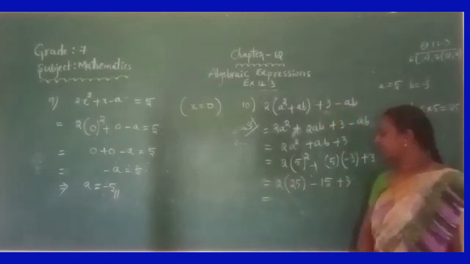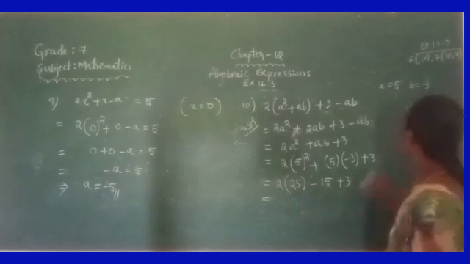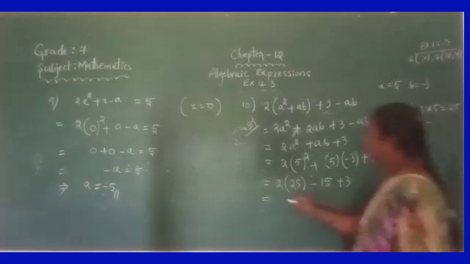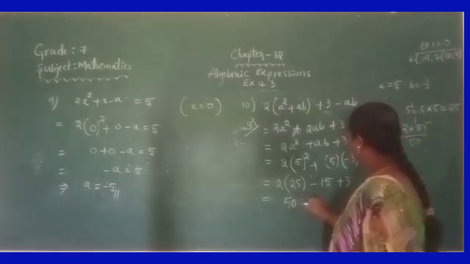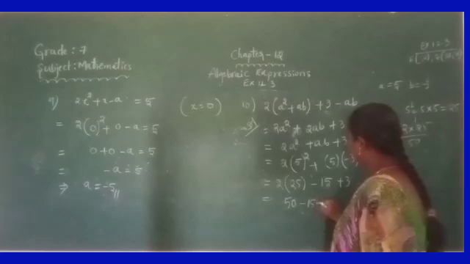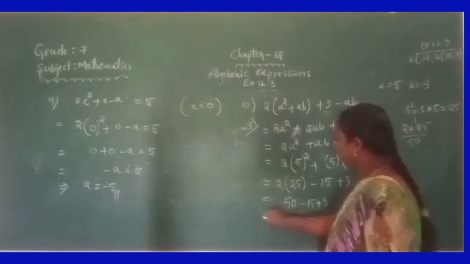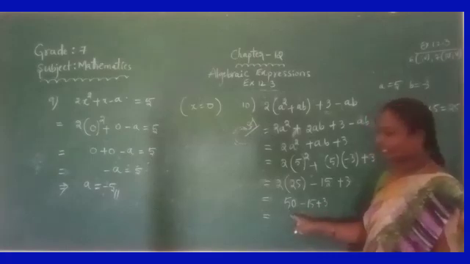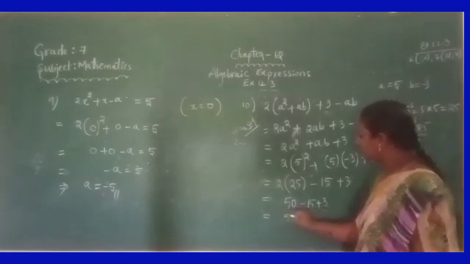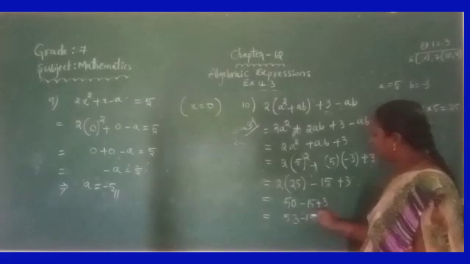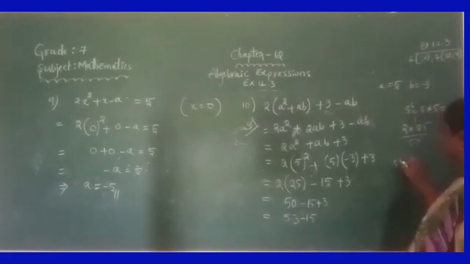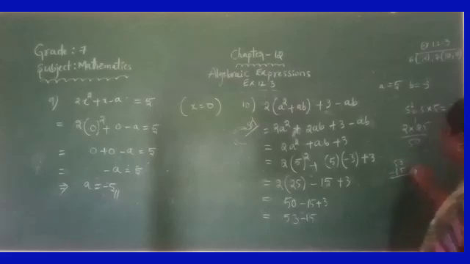So multiply 25 by 2, that is 2 into 25. 2 fives are 10, 2 twos are 4, plus 1, that is 50. So 50 plus 3. Here the positive values are 50 plus 3, that is 53, minus 15. 53 minus 15 is equal to, subtract 15 from 53.